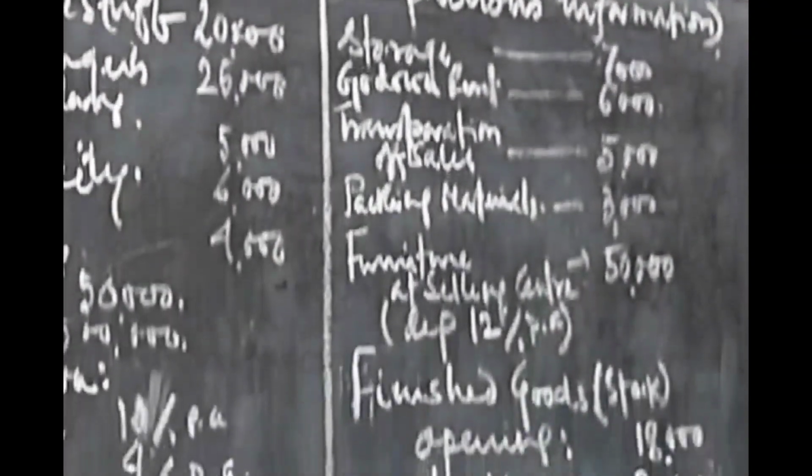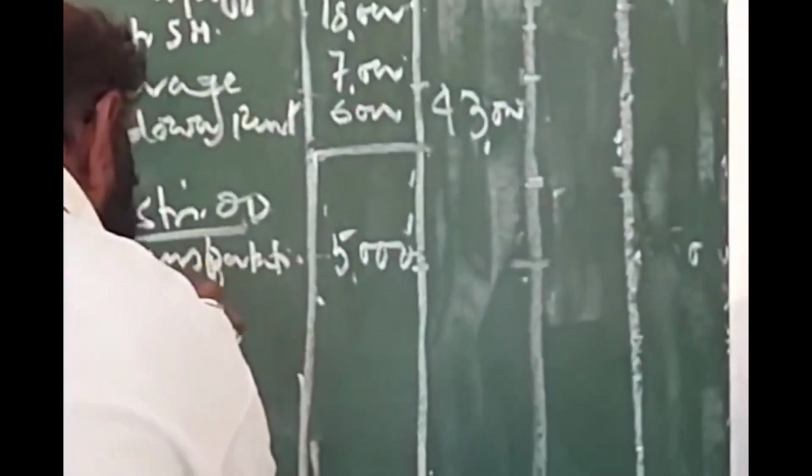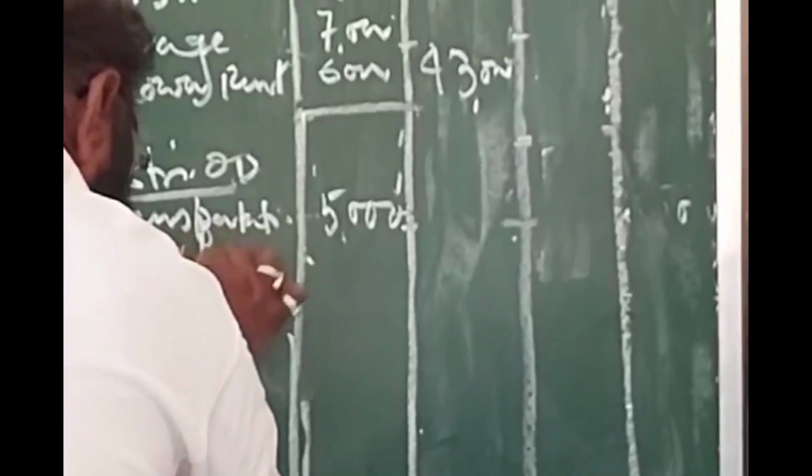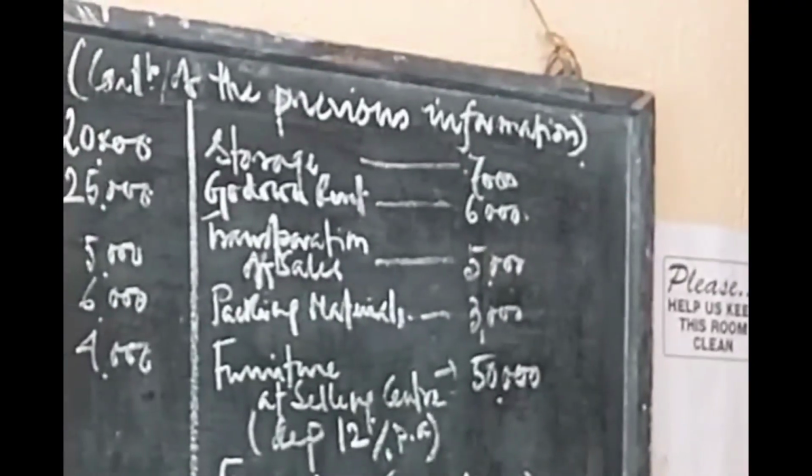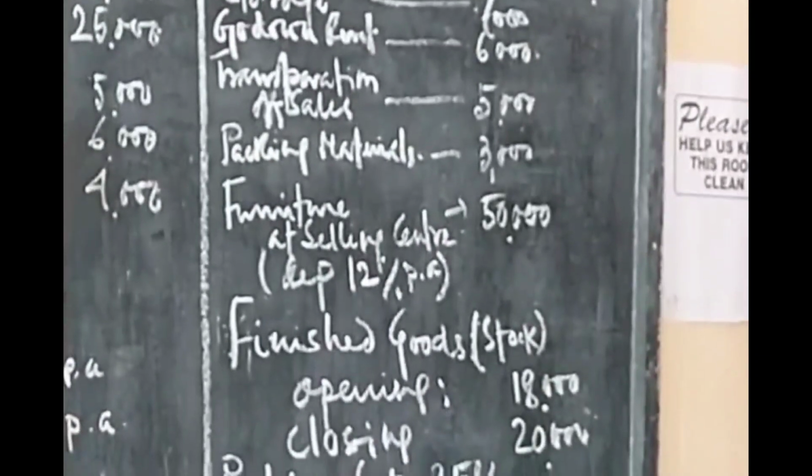Packing material, of course, is a distribution expense to make a safe delivery of the goods to the customer. Packing materials are 3,000. Okay. So it is 8,000.